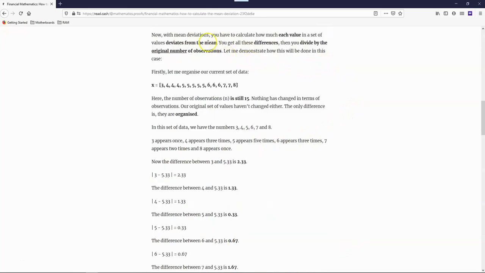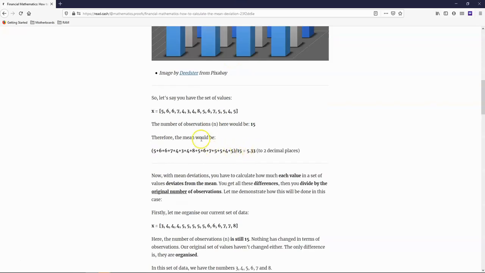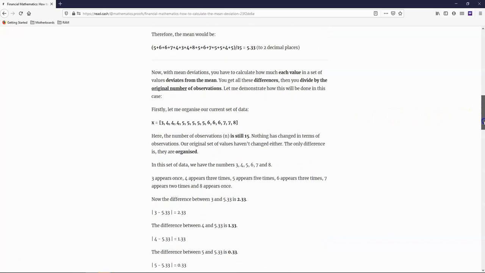Okay, moving on. With mean deviations, you have to calculate how much each value in a set of values deviates from the mean. You get all these differences, then you divide by the original number of observations. In this video, I'm going to demonstrate how this is done. So let's get the original data set up here, organize it a bit like this, and find out what values are inside the data set.